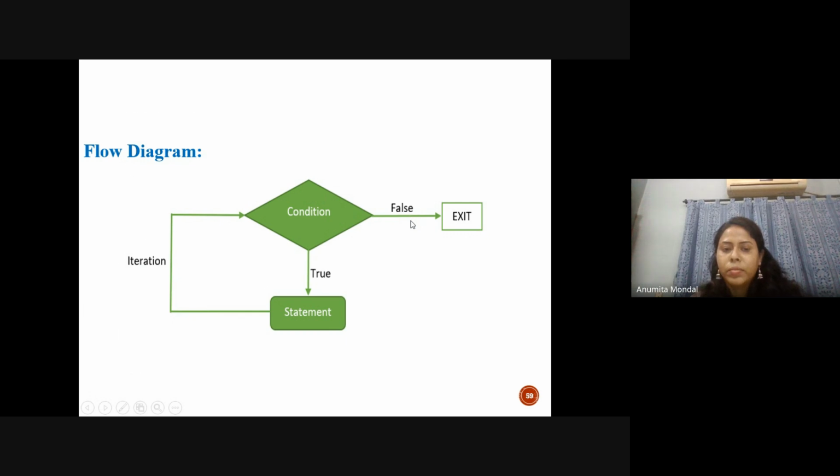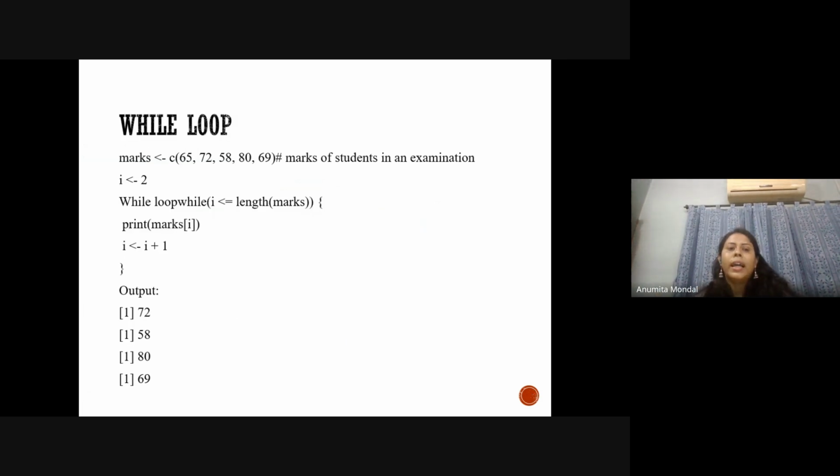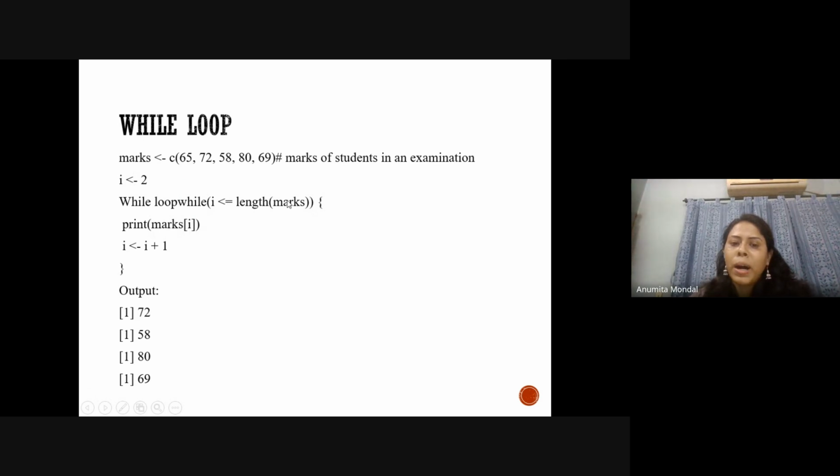it exits. In this case, suppose the marks of students are given in the examination: 65, 72, 58, 80 and 69. If I write the while loop, while I is less than or equal to the length of the marks, then the command starts, and the statement is print the marks of I, then I is equal to I plus 1, meaning if I is equal to 1, then it puts the value 2.